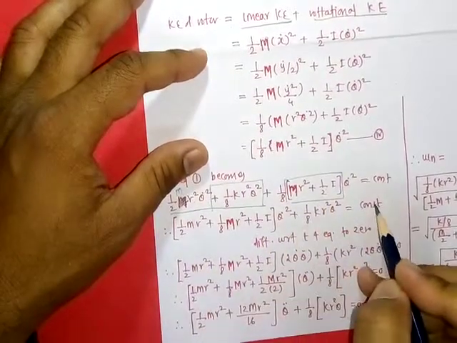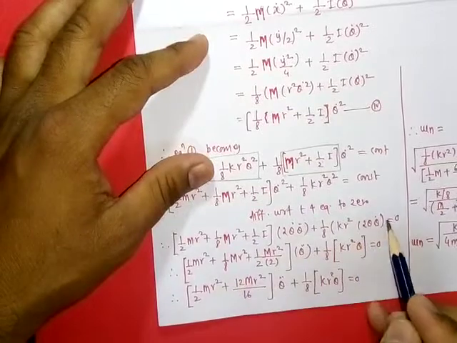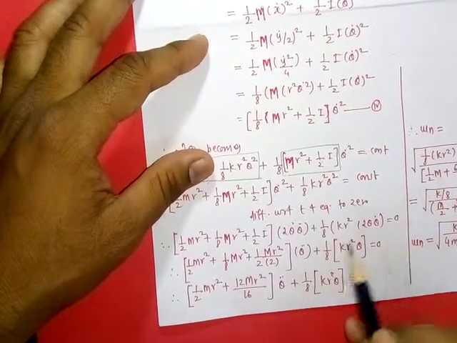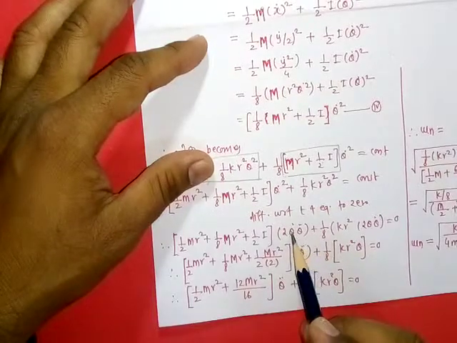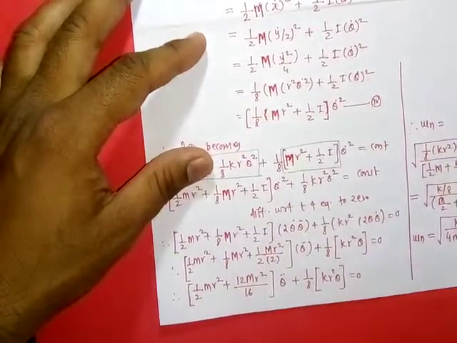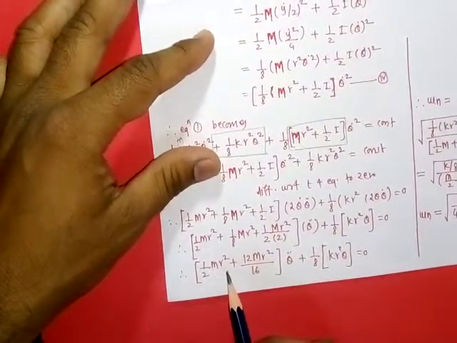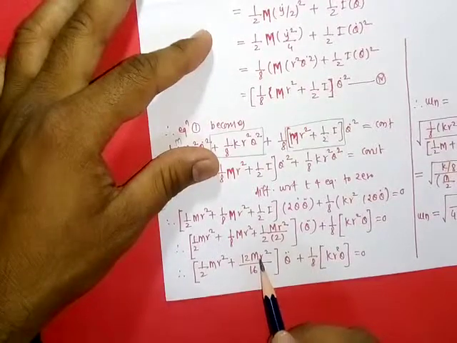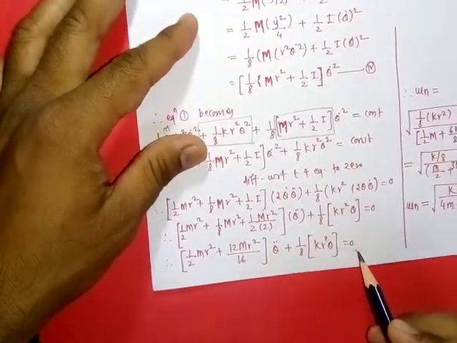Then again taking the derivative and equating to 0, we get this equation. At this stage, collect all terms containing theta double dot. So the equation becomes (1/2 m r square plus 1/8 capital M r square plus 1/2 I) theta double dot plus 1/8 k r square theta is equal to 0.